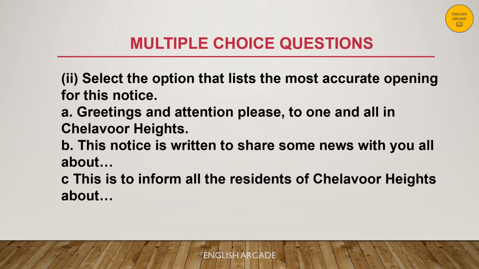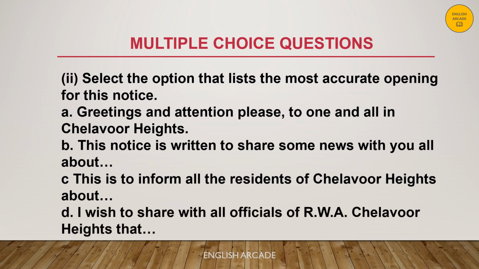Option C, this is to inform all the residents of Shalavoor Heights about. Or option D, I wish to share with all officials of RWA Shalavoor Heights that. And the correct answer is C. This is the best way to begin a notice. This is to inform all the residents of Shalavoor Heights about, and it continues.